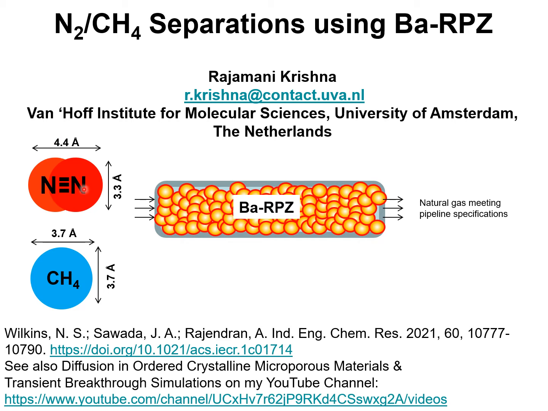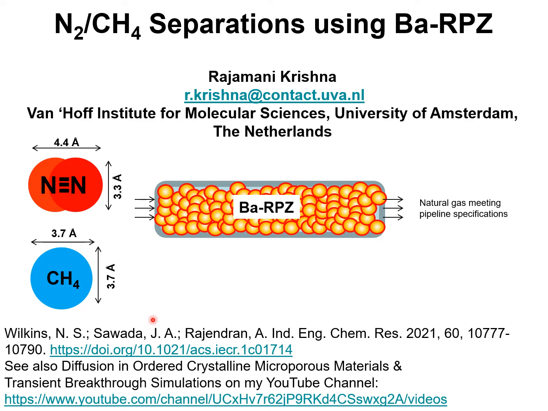Nitrogen is a pencil-shaped molecule whose cross-sectional dimension is 3.3 angstrom, significantly lower than that of methane. Within constricted pores, such as ETS4, the diffusivities of nitrogen are significantly higher compared to that of methane by about 2 or 3 orders of magnitude.